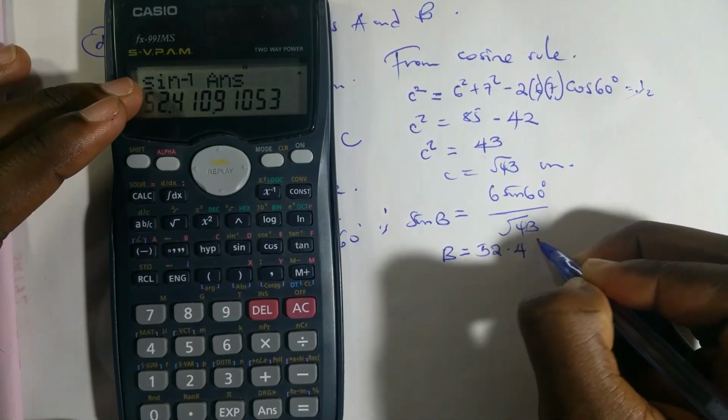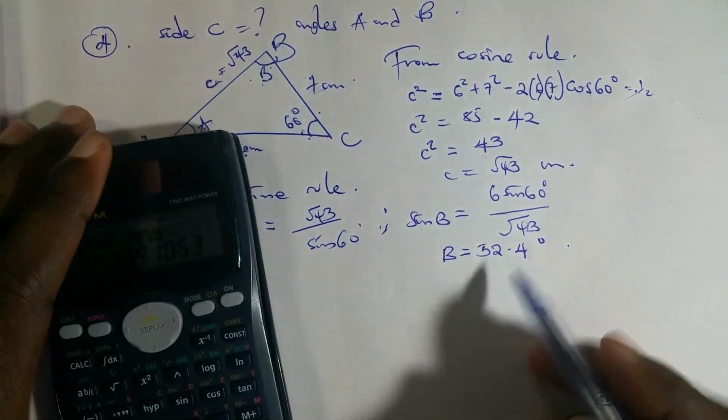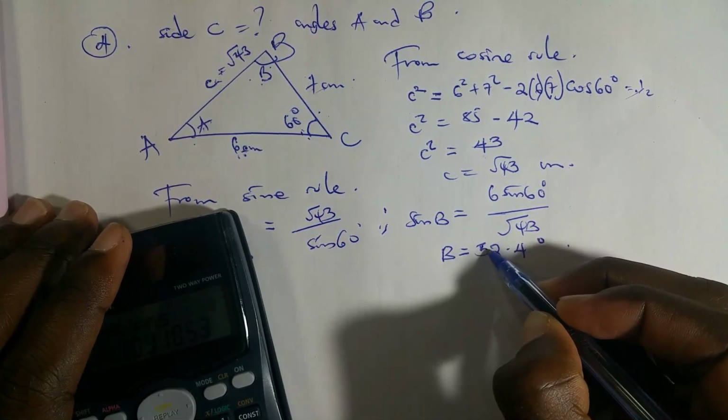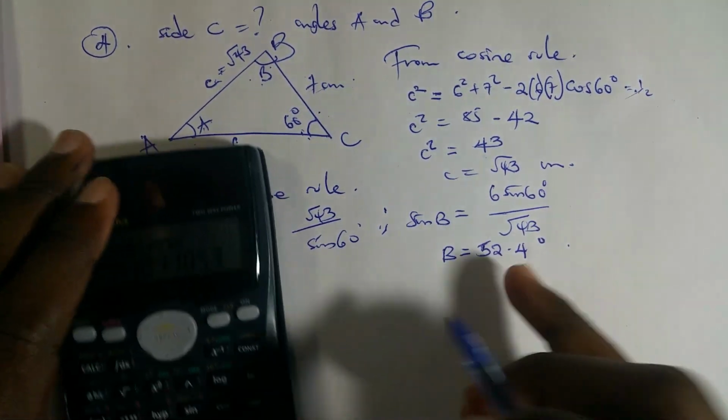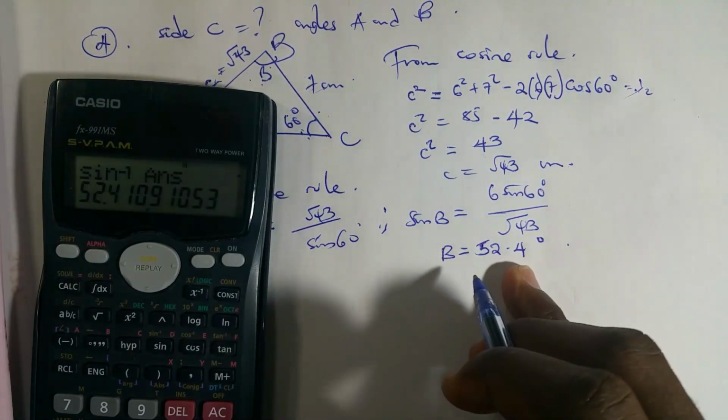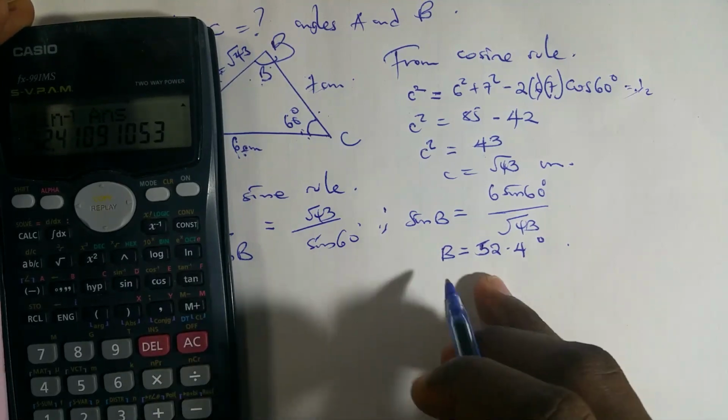That gives 52.4 degrees. Now we also check if B can possibly be an obtuse angle as well.